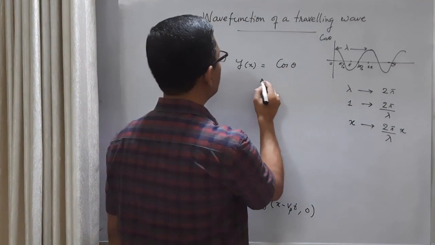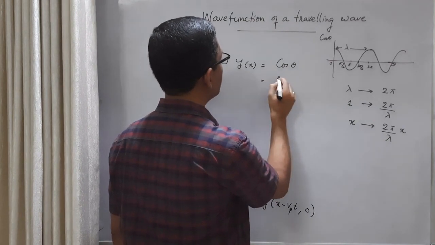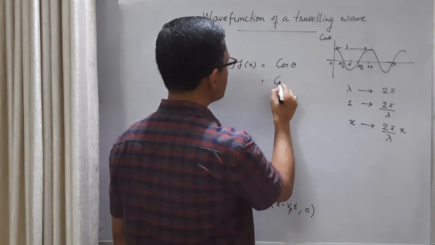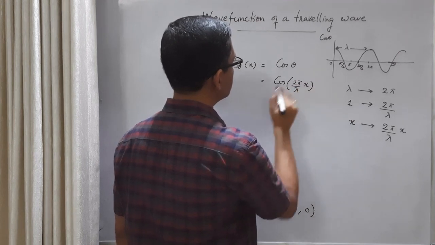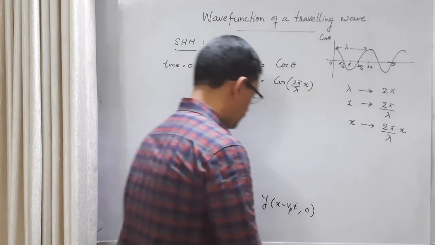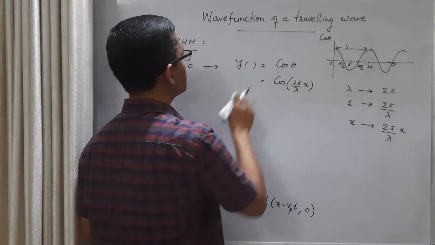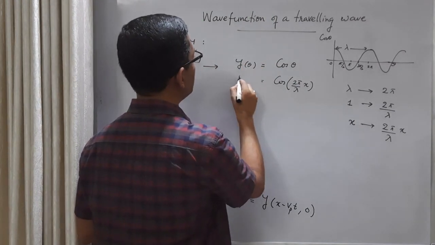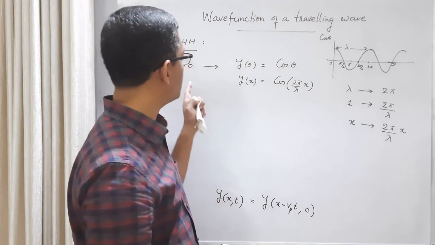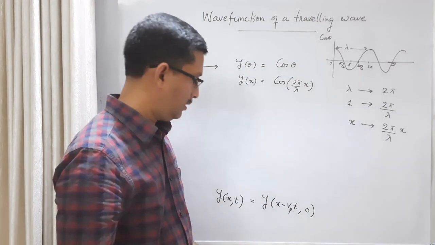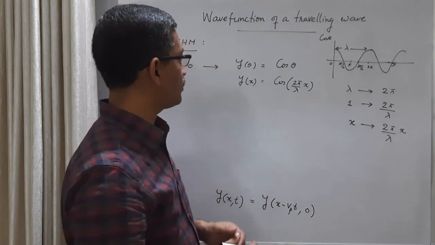Therefore I can write this as cos of 2 pi by lambda into x. So this is y in terms of theta, then the amplitude in terms of x is this. This is the wave function at the time 0.